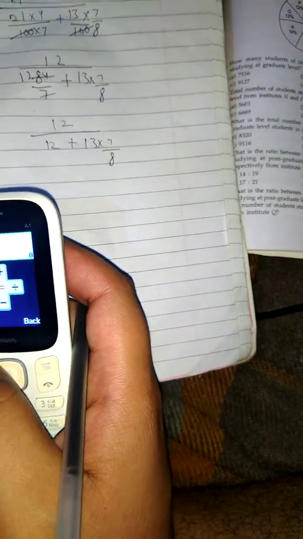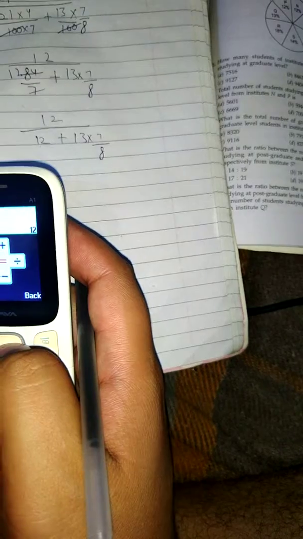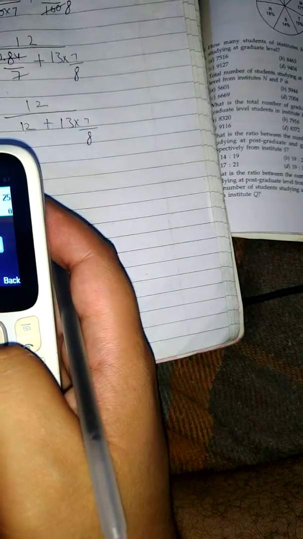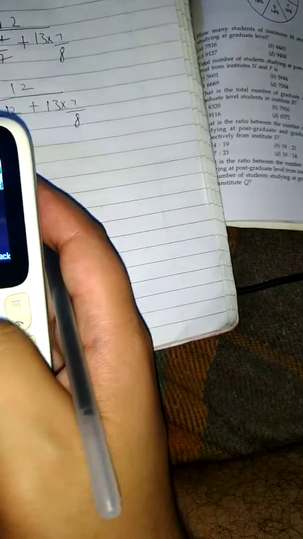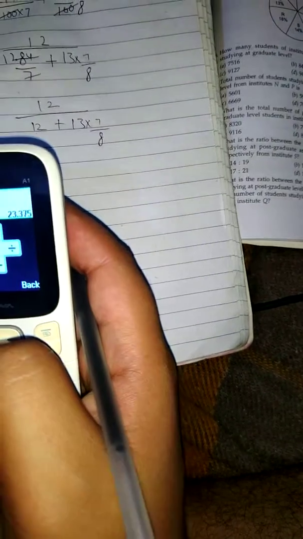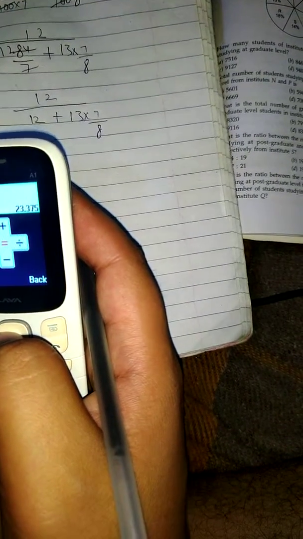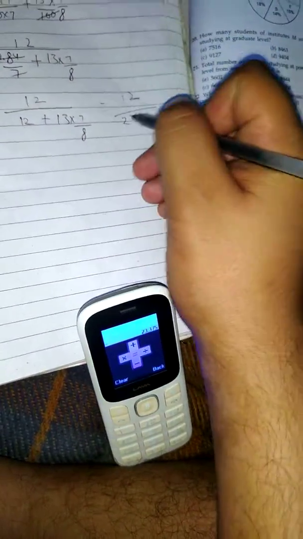First we solve the lower part, that is 12 plus 13 into 7 divided by 8, which is 23.375. Then 12 divided by 23.375.